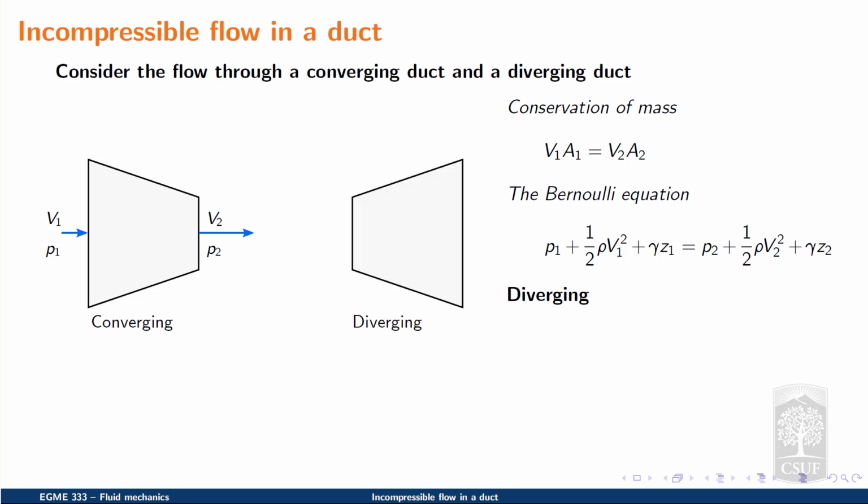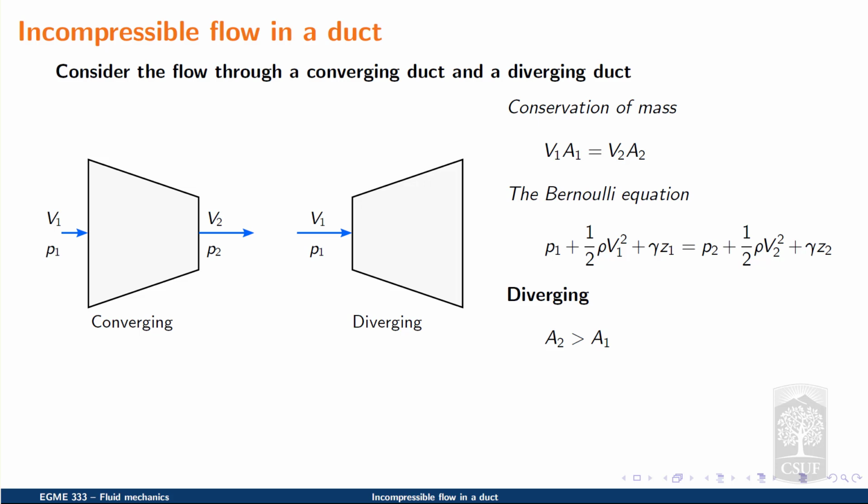Now let's consider the case of a diverging duct, where the area at the outlet, A sub 2, is greater than the area at the inlet, A sub 1. At the inlet, we have our corresponding inlet velocity v sub 1 and the local static pressure at the inlet p sub 1.